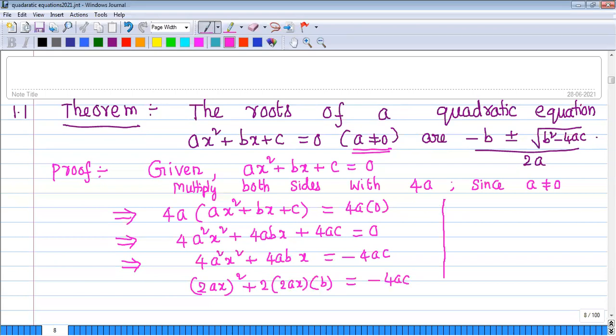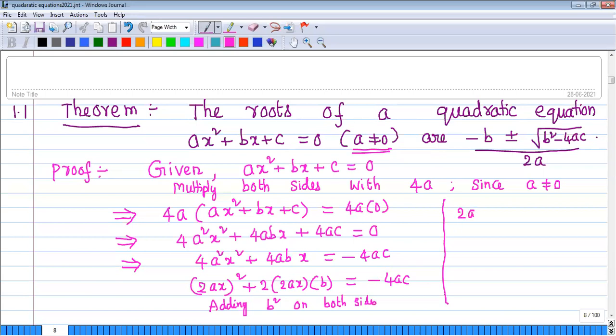So my dear students, if you observe the left hand side, this is the a square plus 2ab form. It is an unfinished perfect square. One term is missing. If you add b square on both sides, the left hand side becomes a perfect square. Adding b square on both sides to complete the square, what do you get now here?